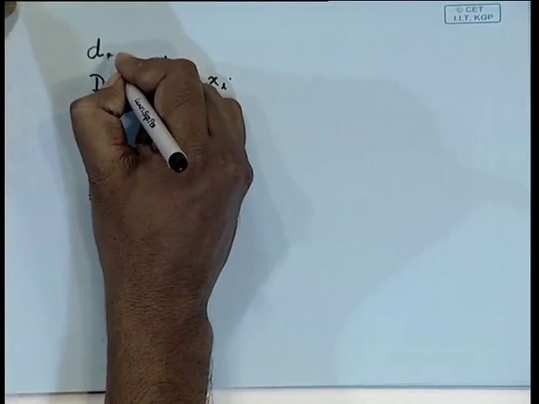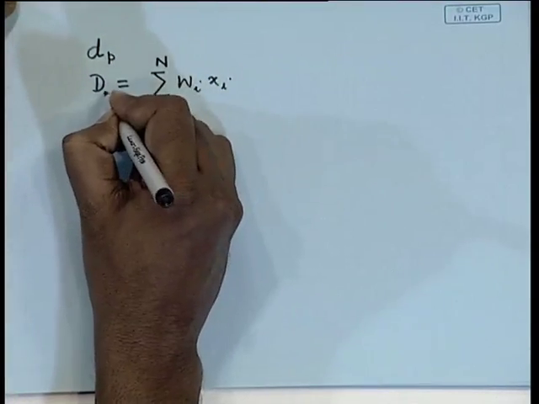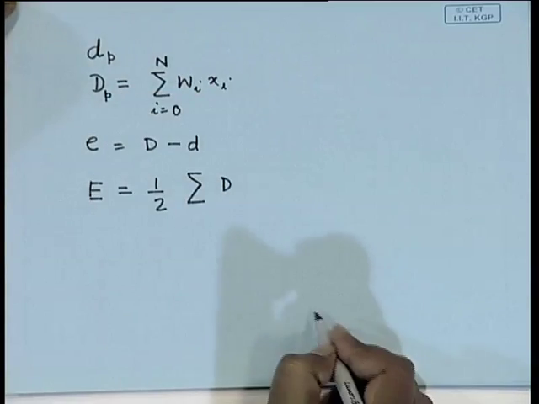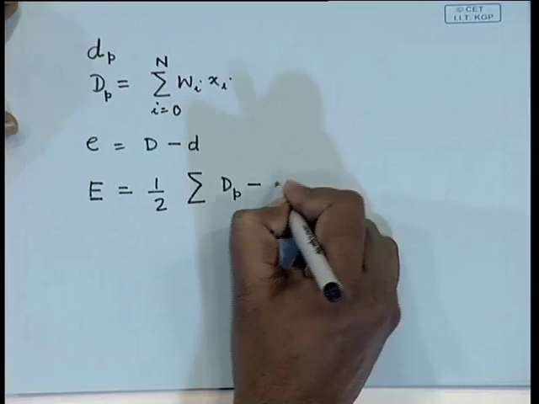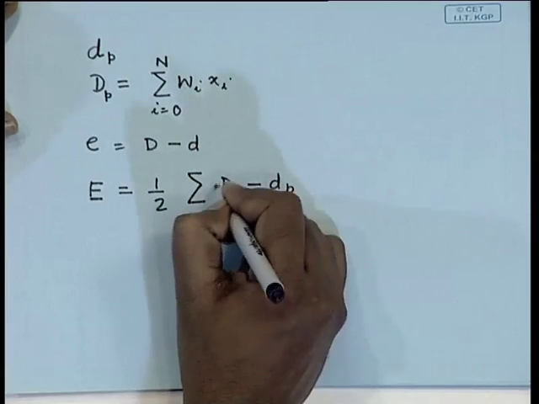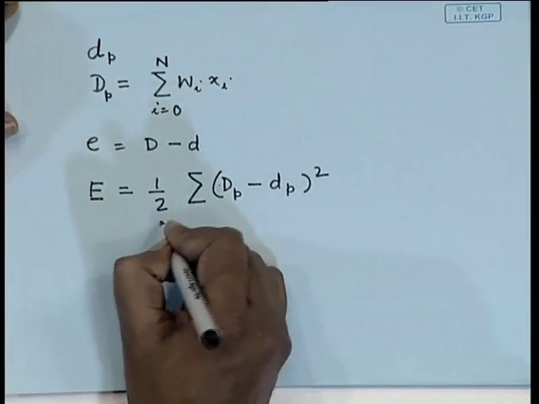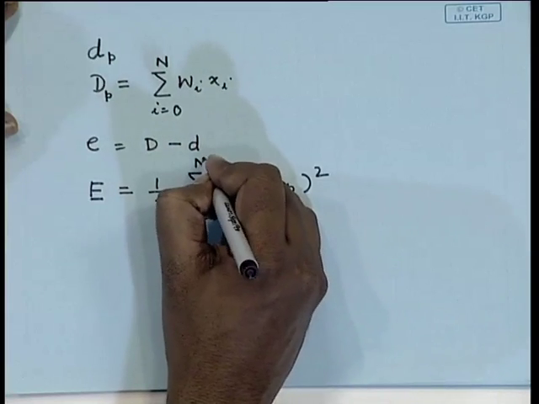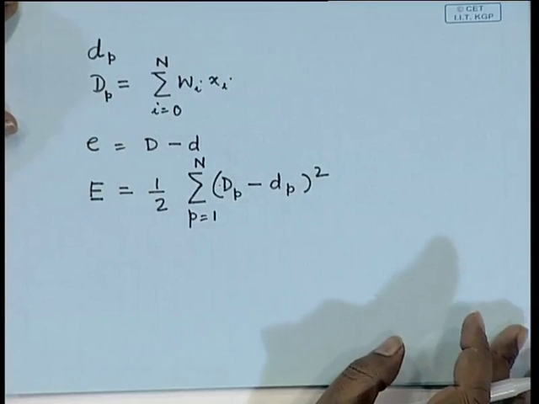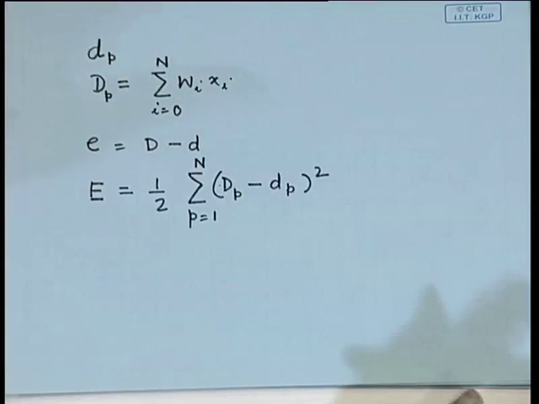Let me say that this is for a pth sample. So, dp, where p varies from 1 to capital N, where capital N is the total number of training samples.